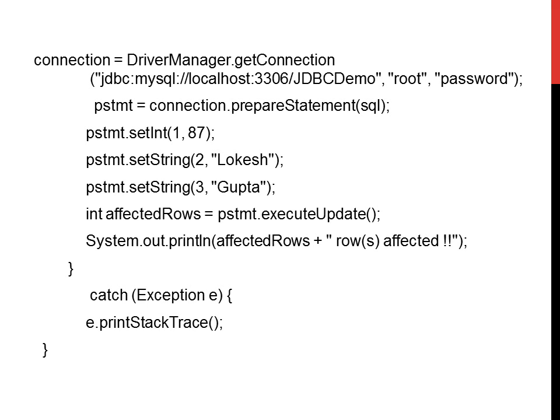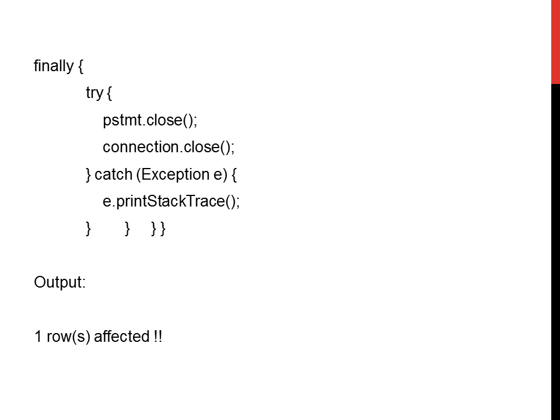Insert into EMP table the values 87 to the first column, Logesh to the second column, Gupta to the third column. How many rows are affected? Here only one row. We are inserting only one row, so only one row is affected. The affected rows variable will have the value 1. Then we print that value of affected rows. So when you execute this program, we will get the output as one row affected.